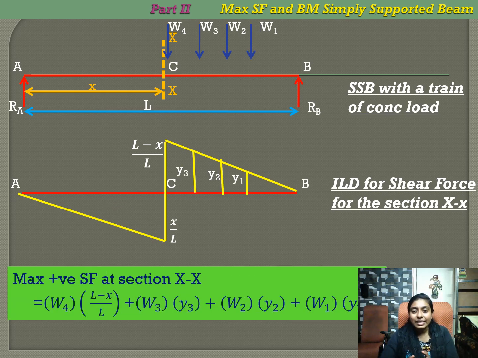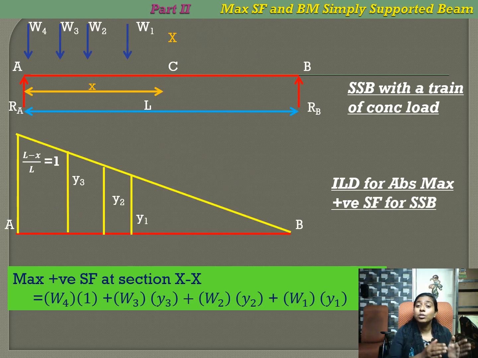The intensity is obtained by multiplying the intensity of load by the ordinates. The maximum absolute positive shear force is obtained when the section is taken at A and the trailing load W4 is at A, with the other loads followed by it.